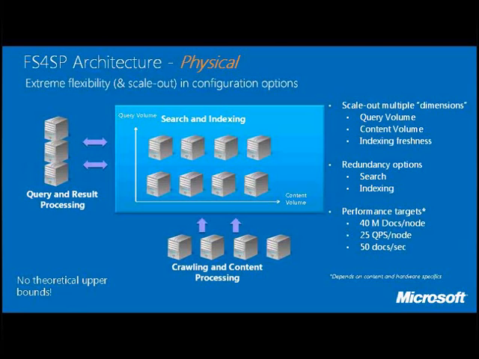On a large implementation, and I would consider this to be a medium-sized one, you might have query and result servers that are dedicated. Typically, I put that process on column 0 as a default until I see the need for moving it off of there. Now, when you're crawling data, remember, you've got binary documents that are being converted to text. That's a very CPU-intensive process, and that's what these servers at the bottom are.